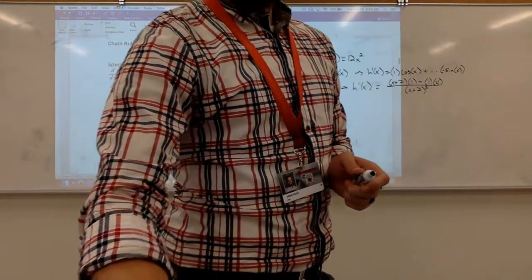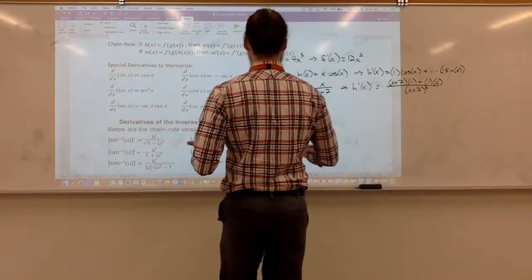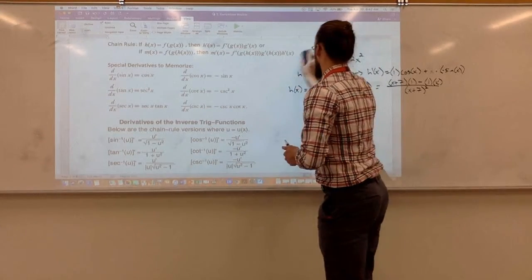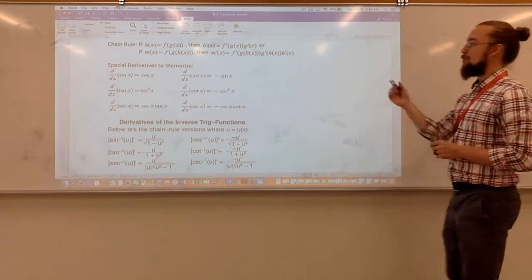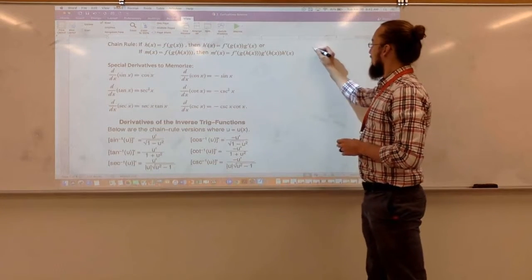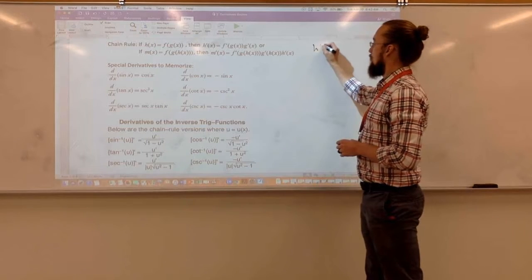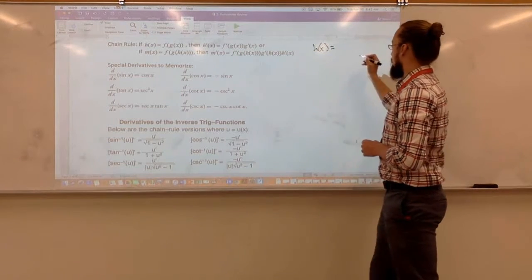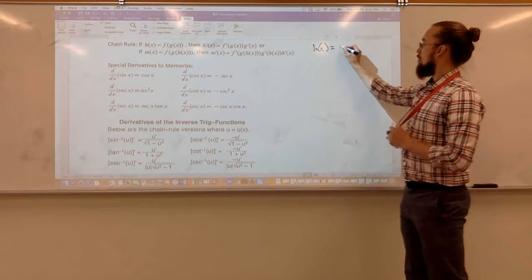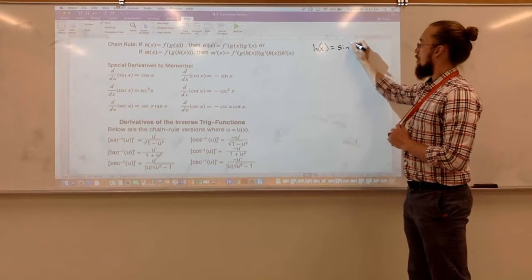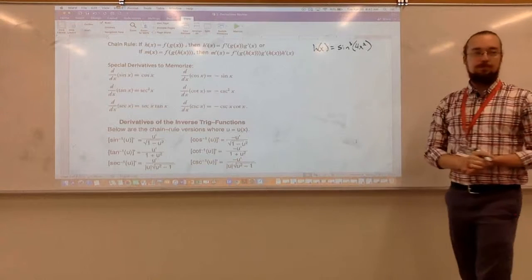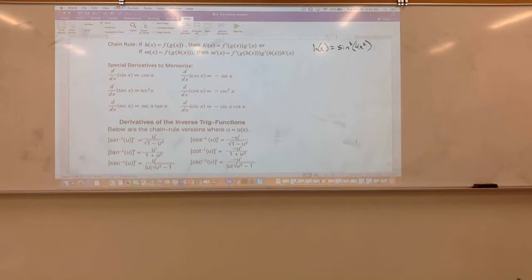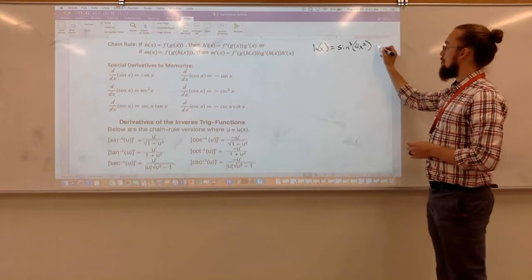Alright, then chain rule. We have a function of a function. To take its derivative, we have to think about layers. So if we get h of x equals about sine cubed of 4x squared. So this one actually has a couple of layers, right?